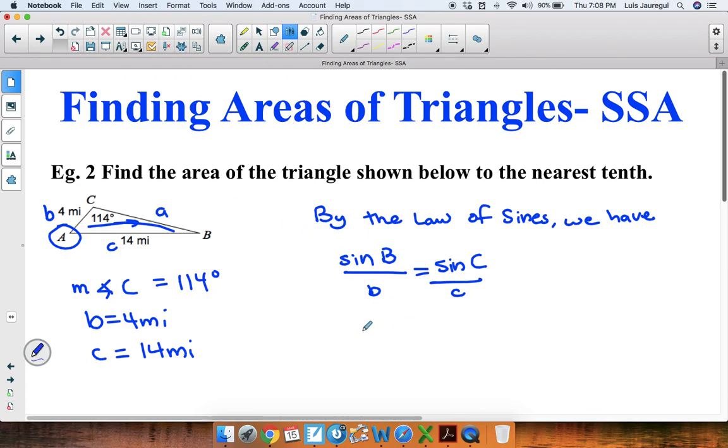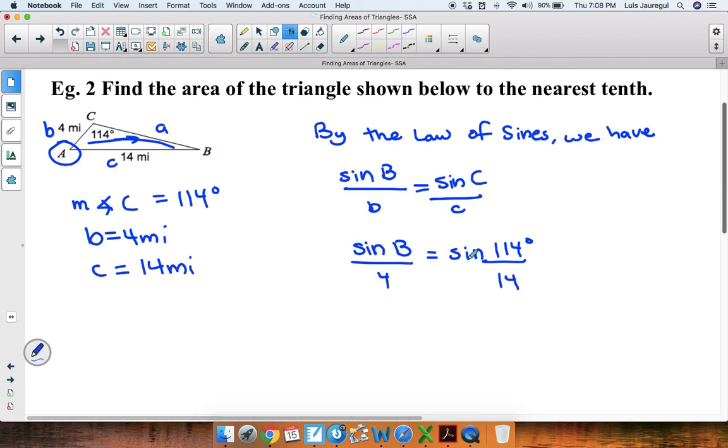So substituting information, we know that sine of B over 4 is equal to sine of 114 degrees over, in this case, 14. So cross multiplying, we have the following. We can say, well, here we have 14 times sine of B is equal to 4 times sine of 114 degrees.